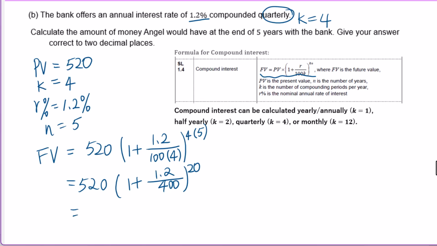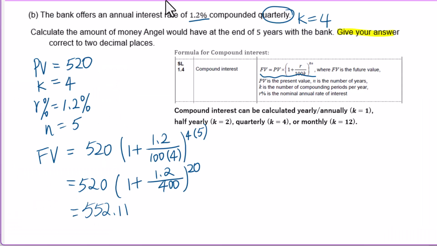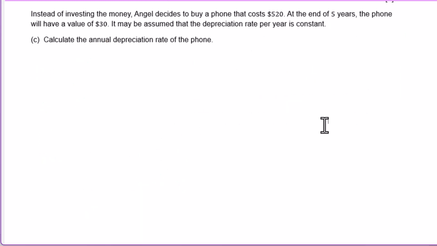Let's go to the calculator. Enter. 552.11. Give your answer correct to 2 decimal places. So we got $552.11.